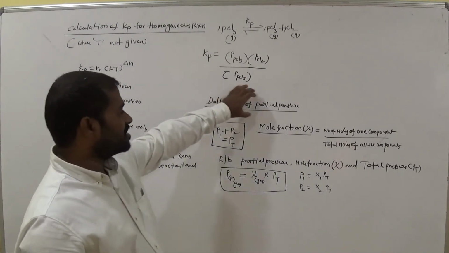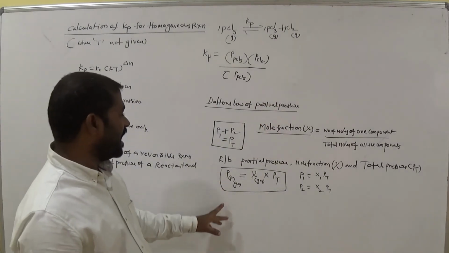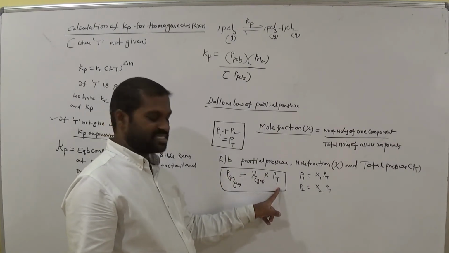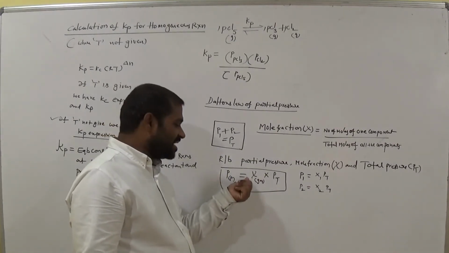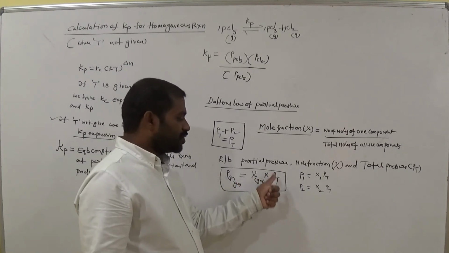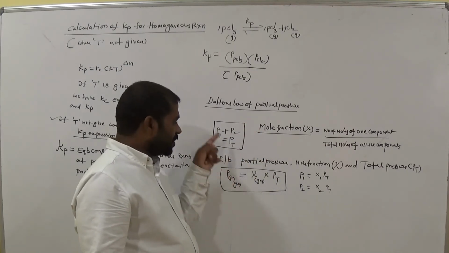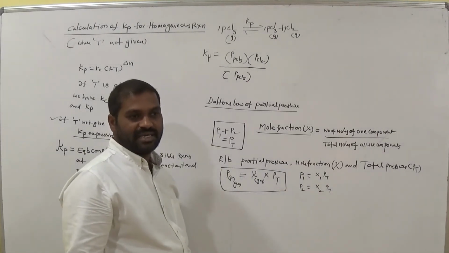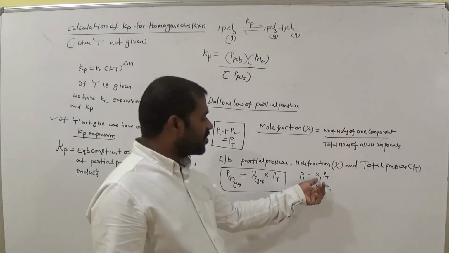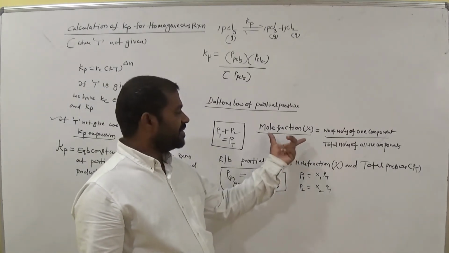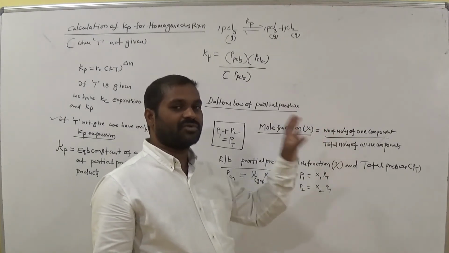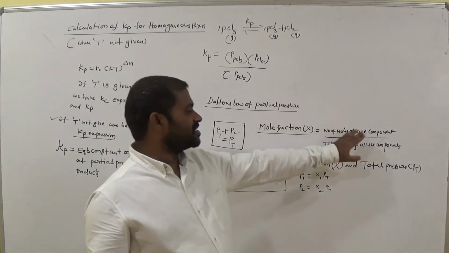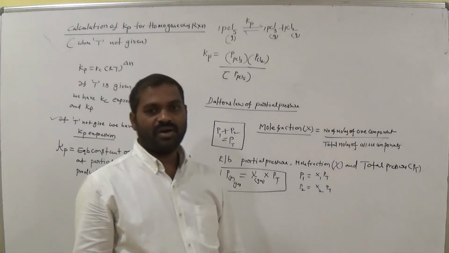Once again, Dalton's law of partial pressure gives the relation between mole fraction, partial pressure and total pressure of the mixture. The partial pressure of a gas equals its mole fraction times the total pressure of the mixture. So how do we get the mole fraction X? We first have to calculate the number of moles, then it is easy to get the mole fraction: the number of moles of one component divided by the total number of moles of all the components.